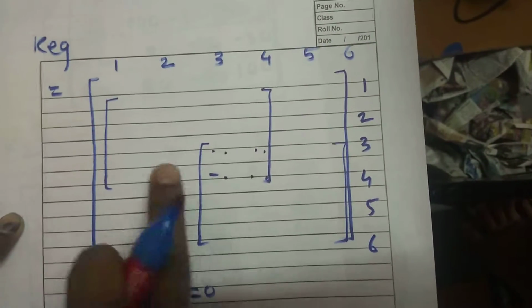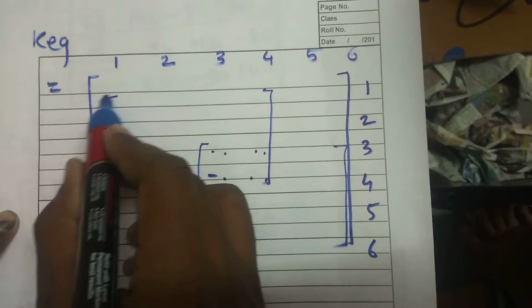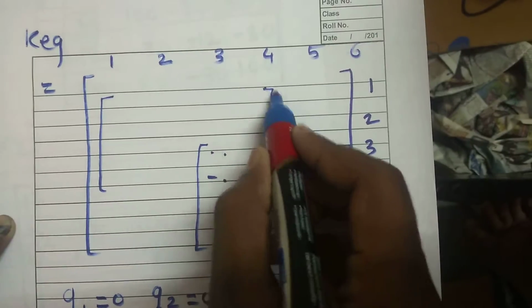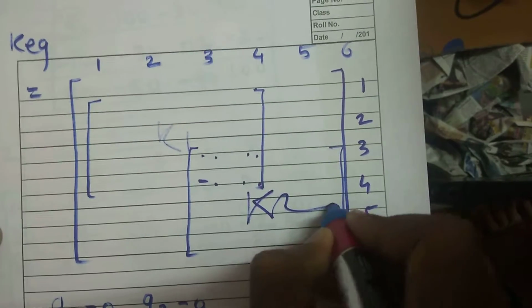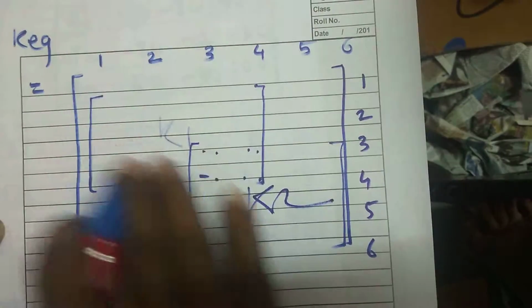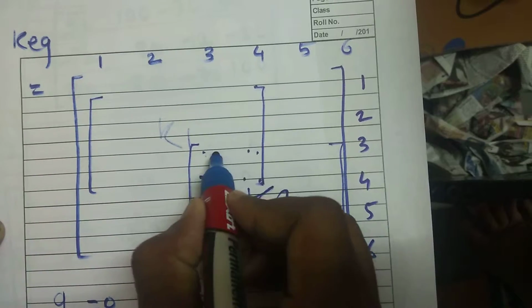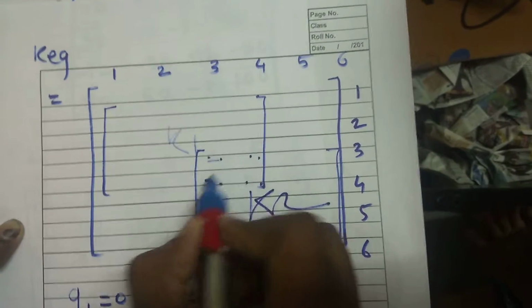This will be the arrangement. K1 will be placed here and this is the place for K2. The addition of the two elements takes place in those 4 places.